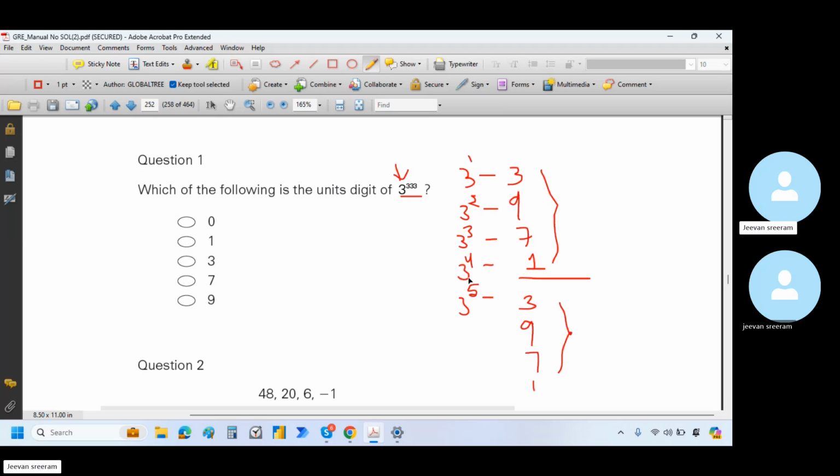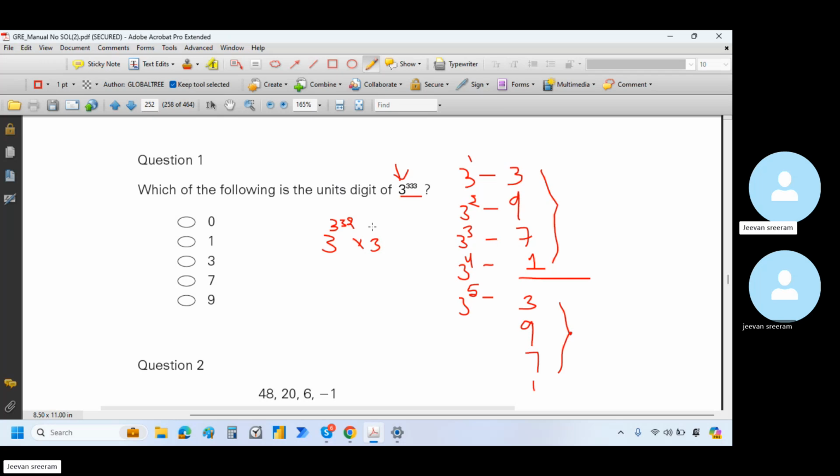So try to write the power as a 4 multiple. The nearest 4 multiple for 333 is 332. To check divisibility by 4, the last two digits must be divisible by 4.